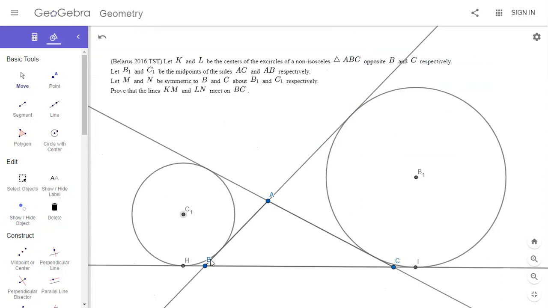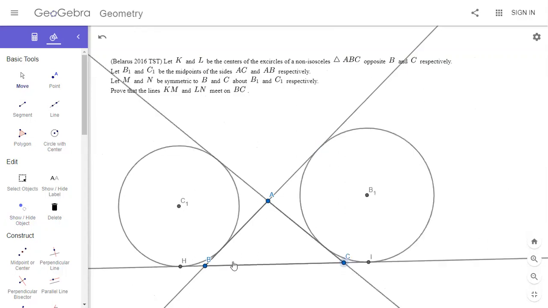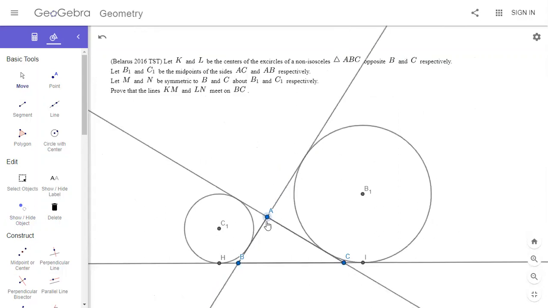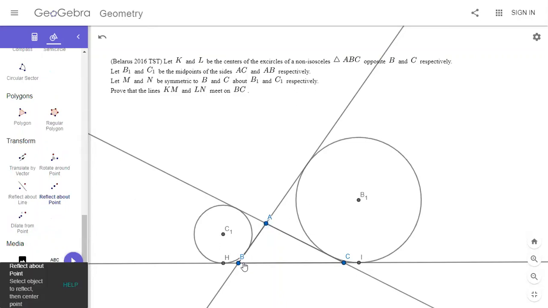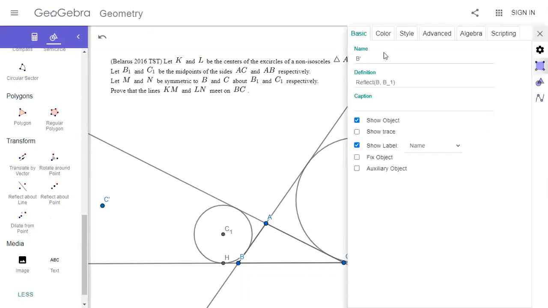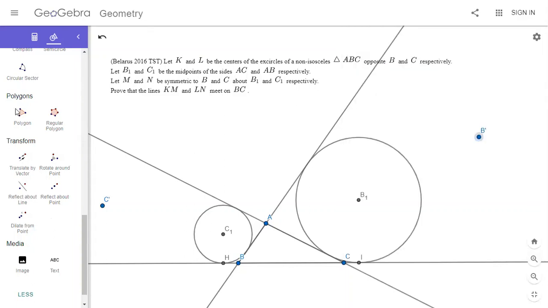M and N are the reflections of B and C about B1 and C1. Yeah, let me shrink the diagram a little bit. So if I reflect B about B1 and C about C1, and I call it M and N. Oh no, B1 and C1 are the midpoints, my bad.